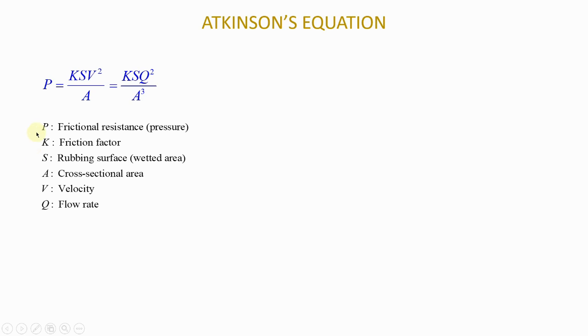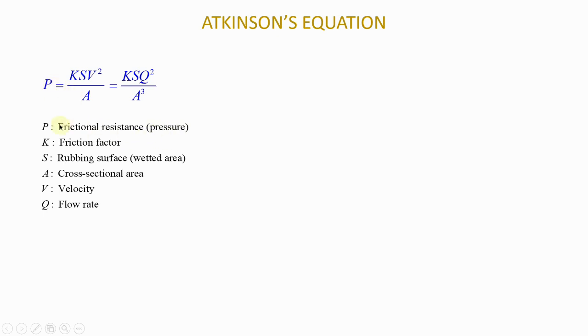And so what is what in this equation? P that you have here is actually the frictional resistance, but it's just a pressure, okay? That's the pressure that you need to overcome the friction, basically.